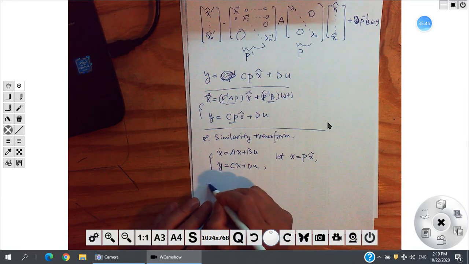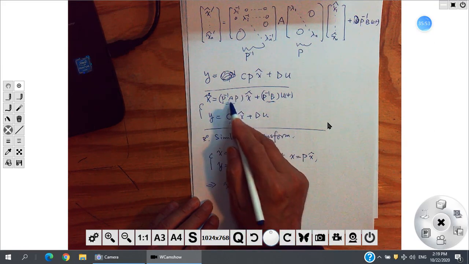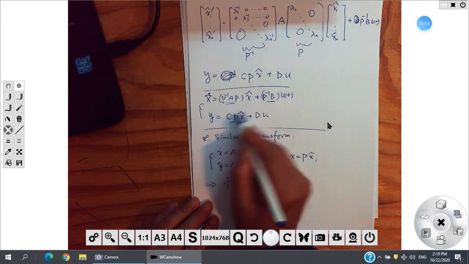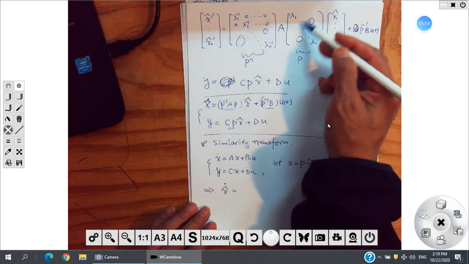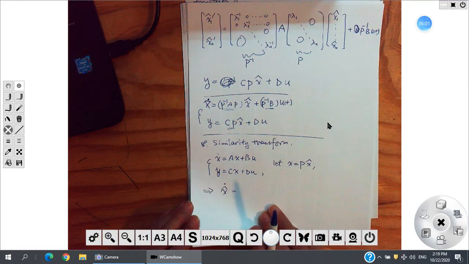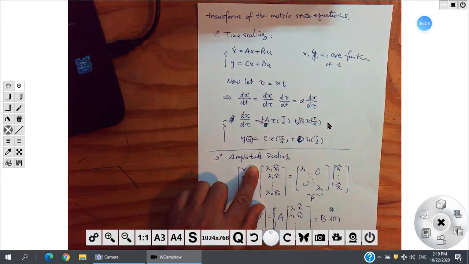Then we can get x hat derivative the same way, just like this. This part is the same. If P is this, that is an amplitude scale, right? Amplitude scale. Now we can be more general.